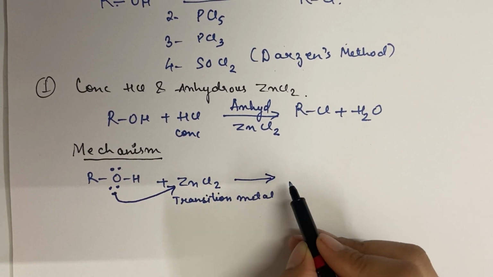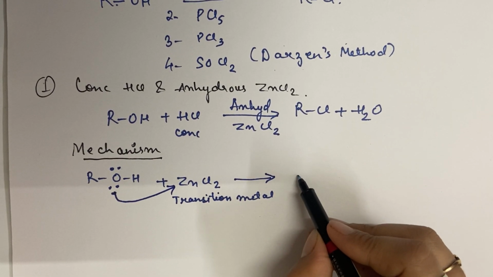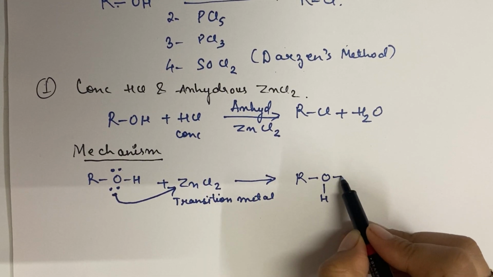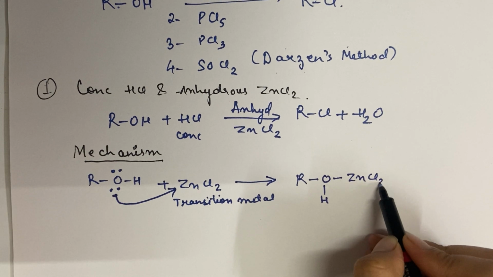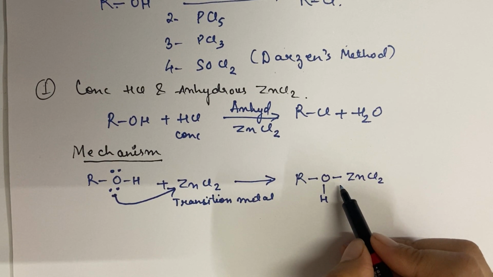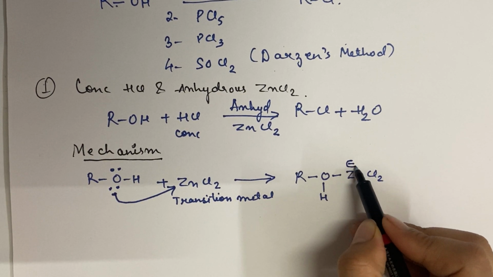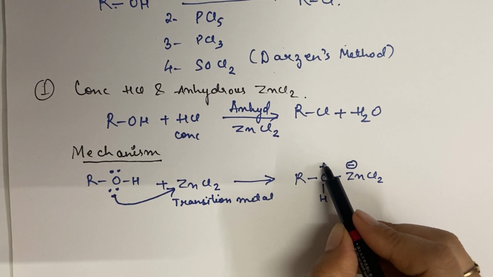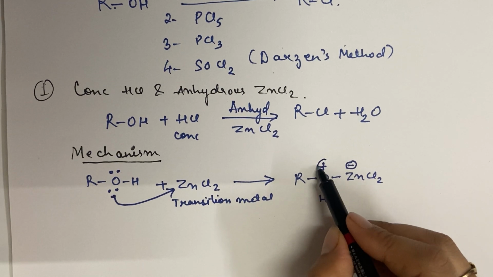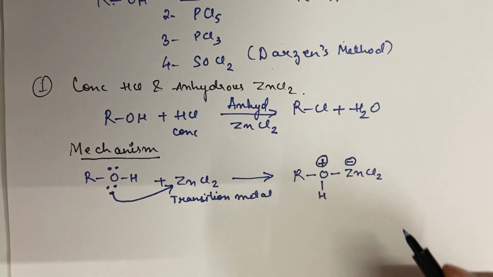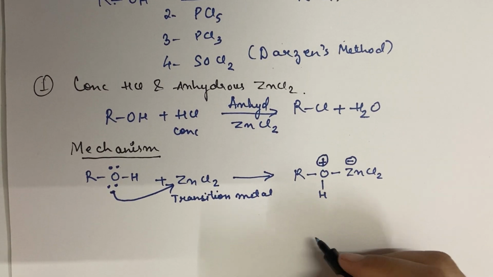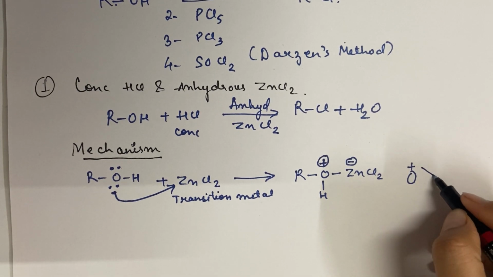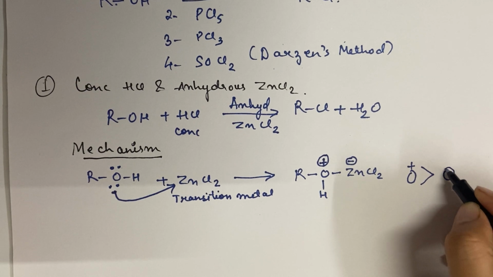When it gives its electron to zinc, it will form R O, H will come here, ZnCl2, because Zn has taken the electron from oxygen. That is why it will develop a negative charge, and as oxygen has given its one lone pair, it will develop a positive charge. And after that, you should know this thing, that oxygen with a positive charge is more electronegative than the oxygen without any charge.